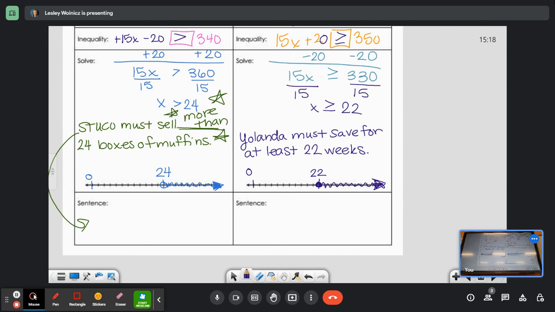Okay, underline it, put some stars by it, whatever it takes to help you remember to put those words in there. You still know what the sentence is.